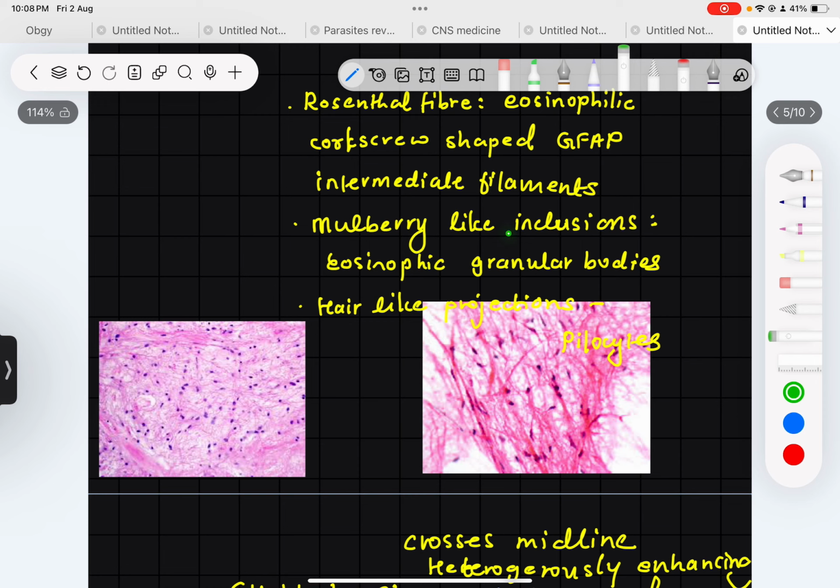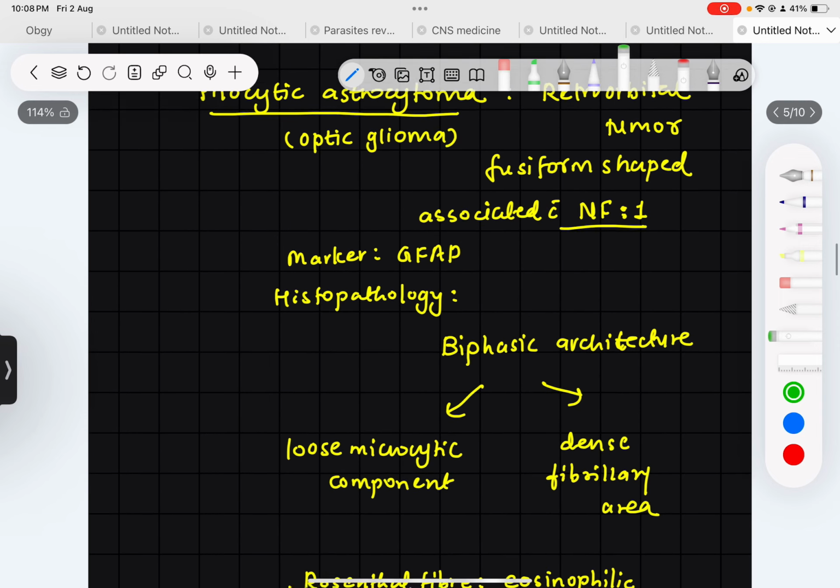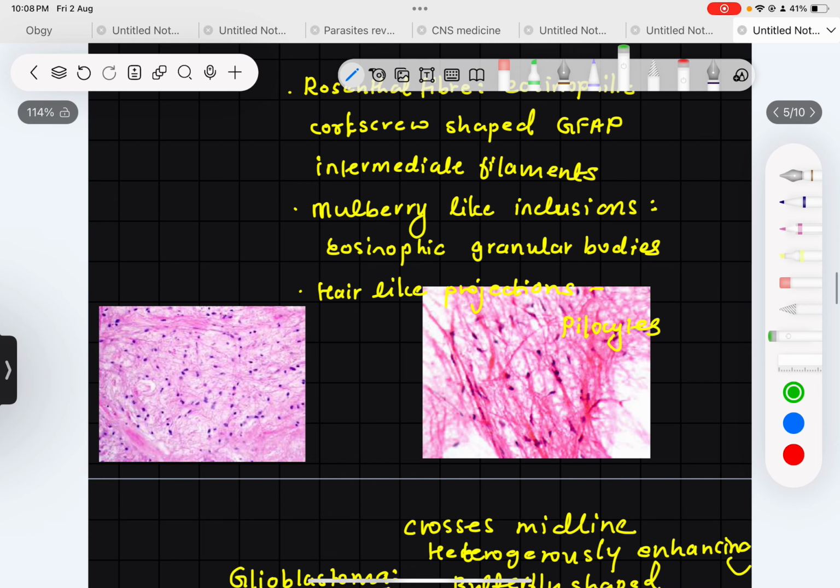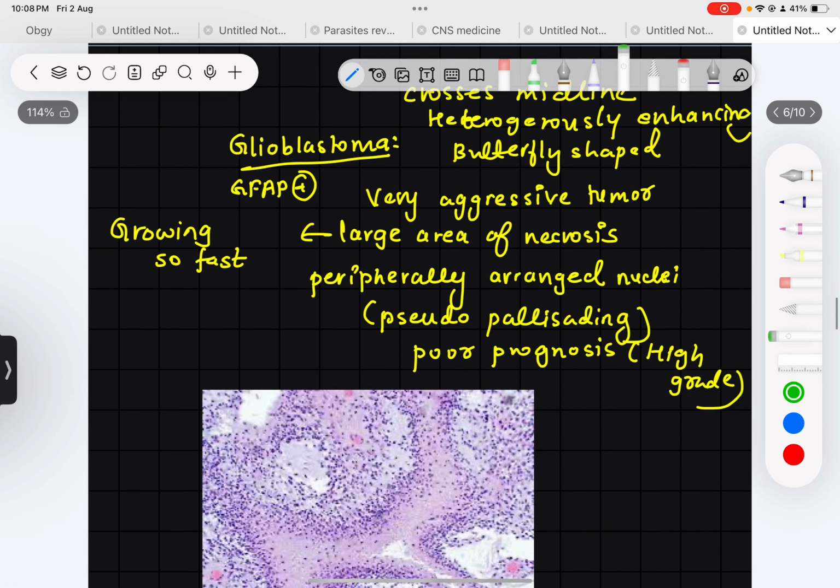Now there are also eosinophilic granular bodies, known as mulberry like inclusions. So you can remember that pilocytic astrocytoma has very rose pinky mulberry like inclusions, Rosenthal fibers, and also hair like projections, as you can see here.